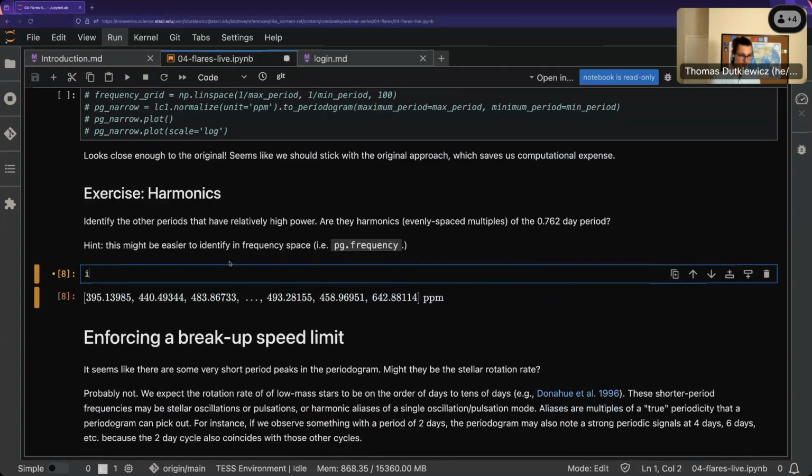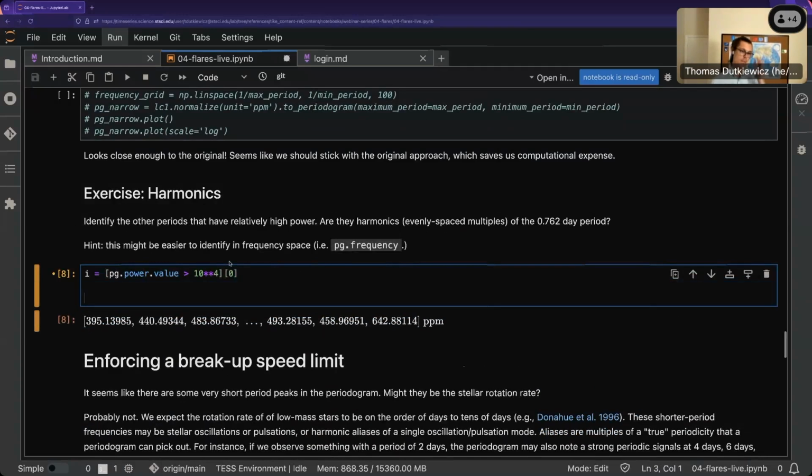So my solution to this would be to create an index I where the periodogram dot power dot value is greater than 10 to the power 4. And I just want the actual numbers in there.